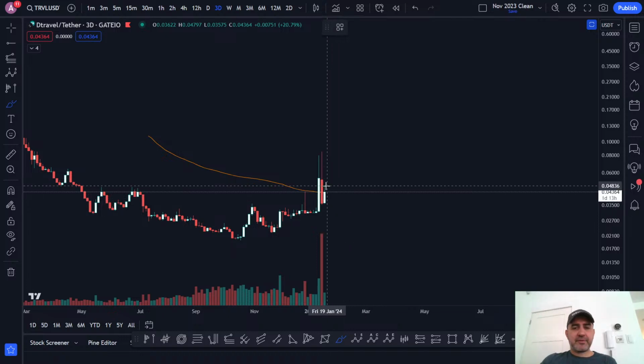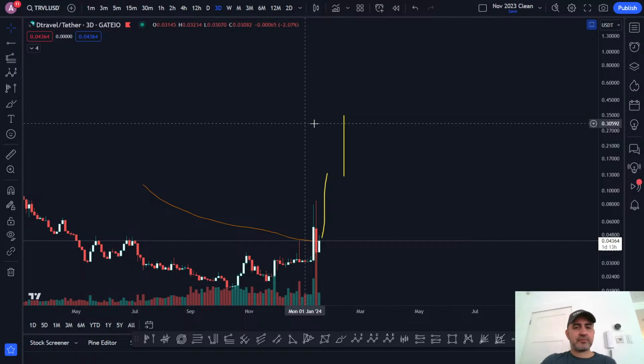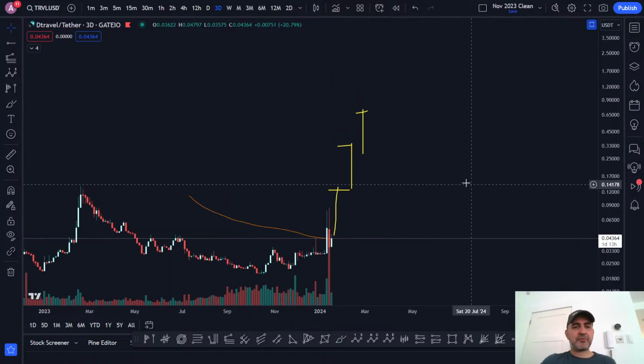If we're going to get a green candle, and then a green candle, and a green candle, like 3 in a row, and you've skimmed some from the top of each candle, you're skimming profits. So your overall position is reducing in terms of TRVL, but obviously increasing in terms of USD value.